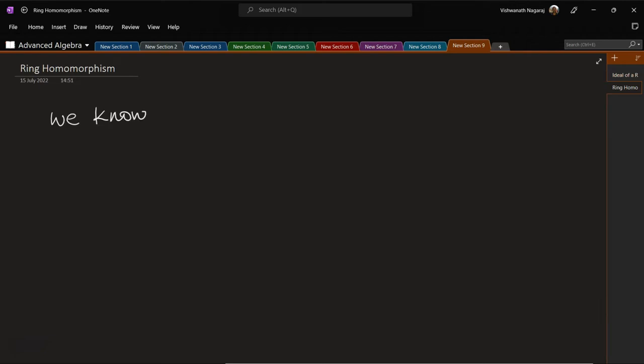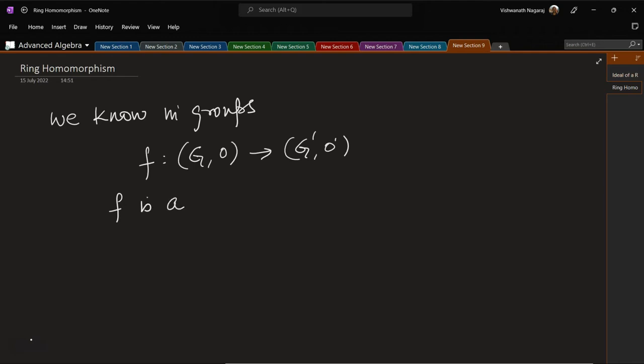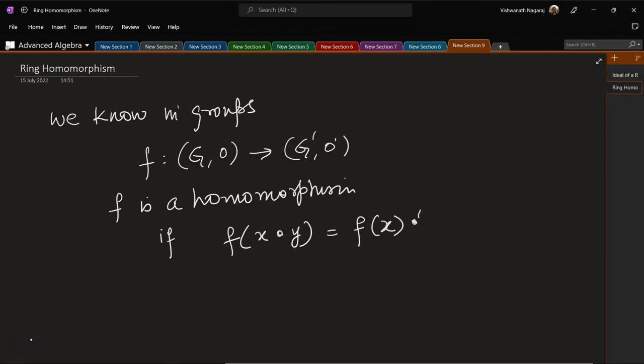So we know in groups, if we have a function which maps a group under some operation, let me make it as O, to another group G prime under a different operation, O prime, then F is a homomorphism if f of x composition y is equal to f of x composition on this side times f of y.